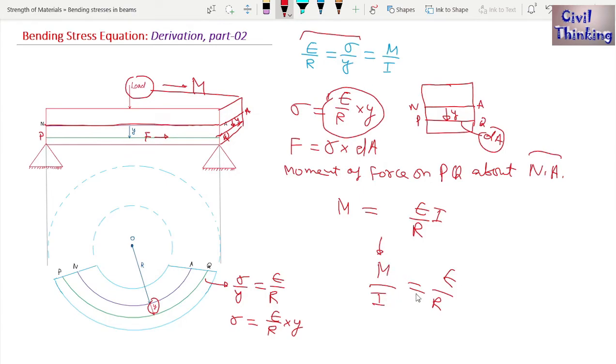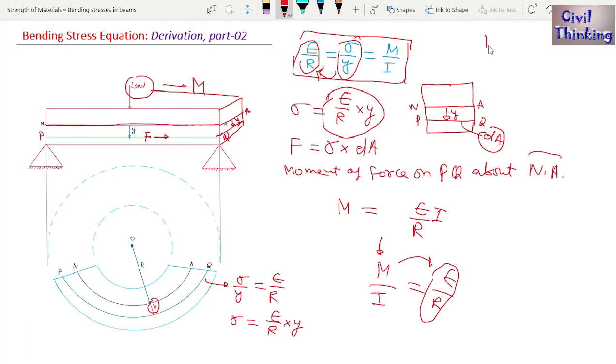Here M by I is equal to E by R, and sigma by y is also equal to E by R. So when we equate these two equations, we will get M by I is equal to E by R is equal to sigma by y.